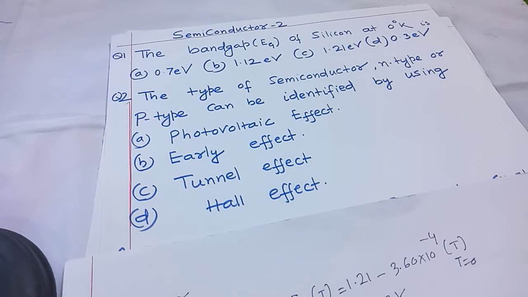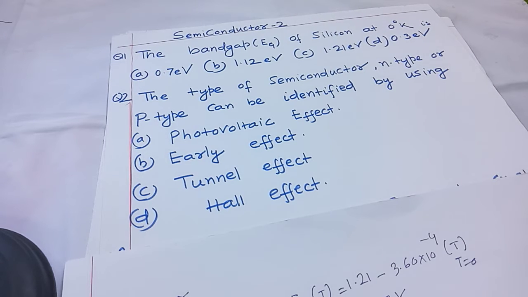Briefly, if you take an interface of a metal or semiconductor or N type or P type semiconductor and expose it to light, then an EMF is developed, which is called photovoltaic effect. That cannot determine the type of the semiconductor.